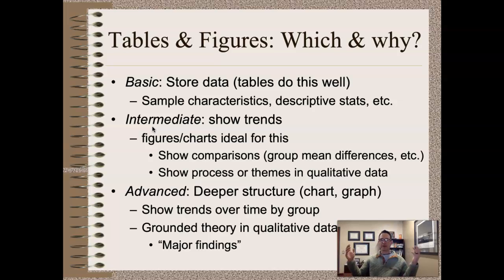So let's say you're comparing 2 different groups based on average difference in scores, or you're trying to, on the qualitative side, capture a process, a linear process involving lived experience or subjective experience, cognitive processing of different social phenomenon. Intermediate charts can help you capture a more advanced level of information.